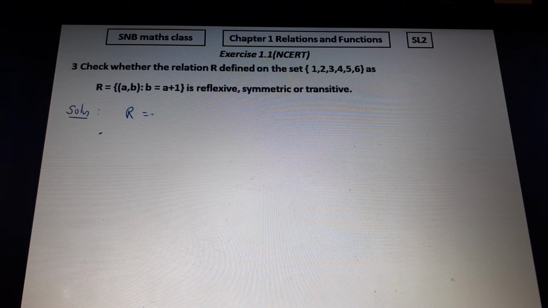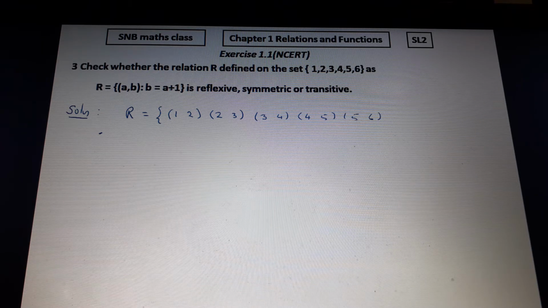So R equals, now you can write like this. See, the values of b are related by a plus 1. So I have tried here: when a is 1, b is 2. When a is defined on the set, 1 gives 2, then 2 gives 3, then 3 gives 4, and 4 gives 5, then 5 gives 6.